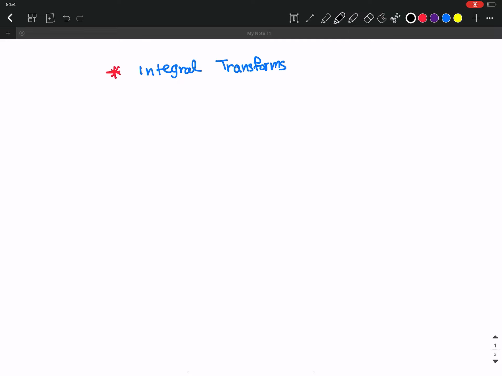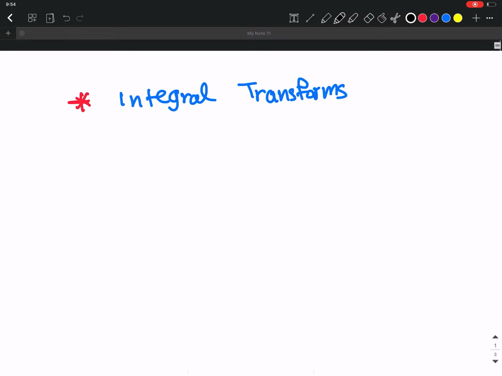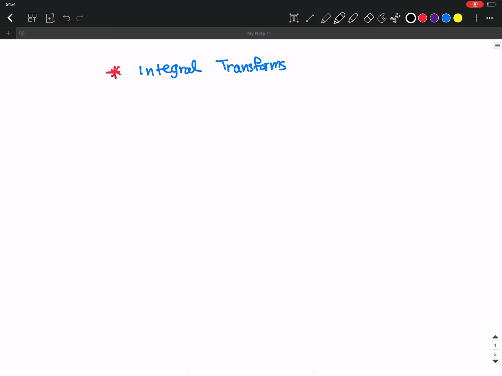So the main method in the integral transforms is that the first thing that we do is we transform the PDE, partial differential equation, into a different space.